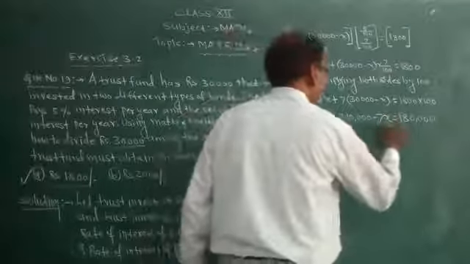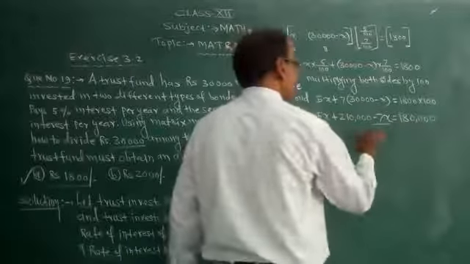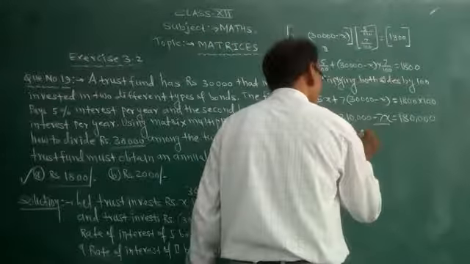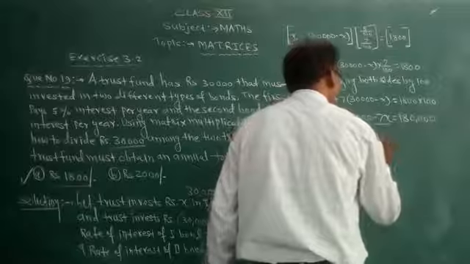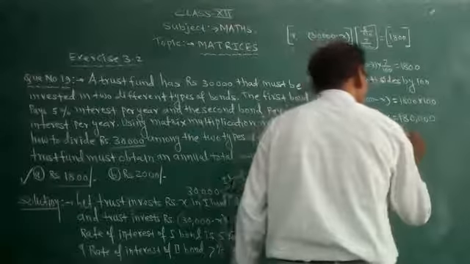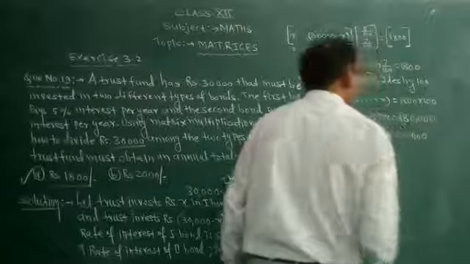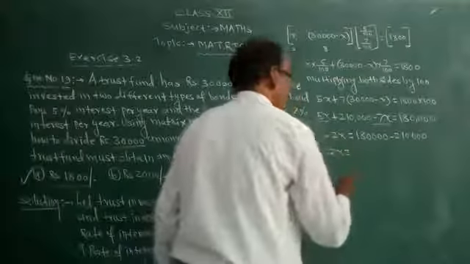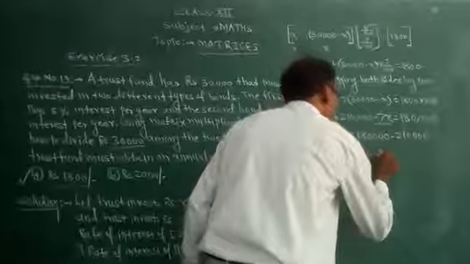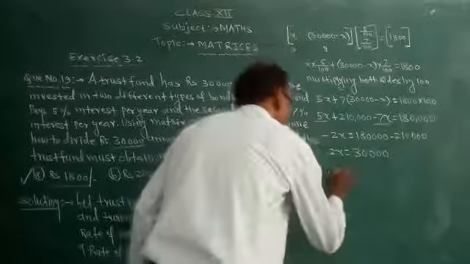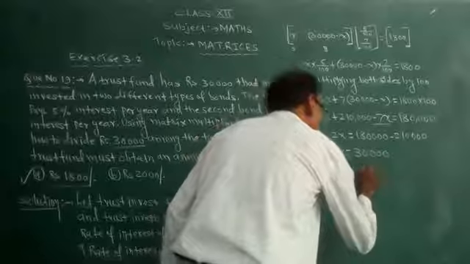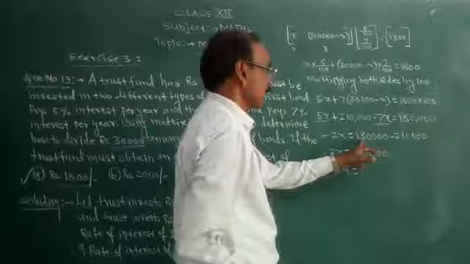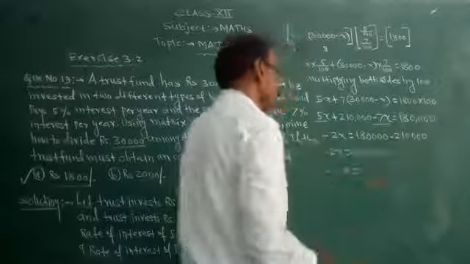5x minus 7x, that is minus 2x equals to 1,80,000 minus 2,10,000. So that is minus 2x equals to minus 30,000.